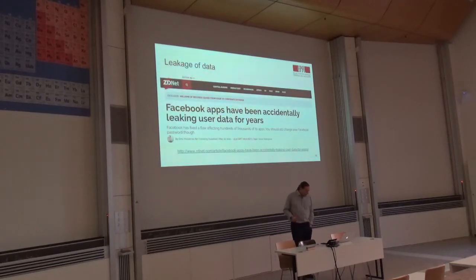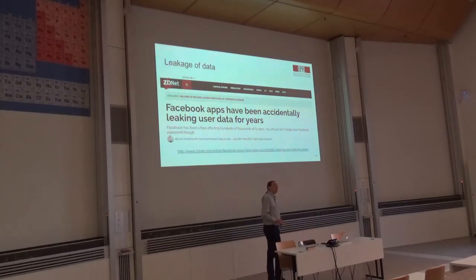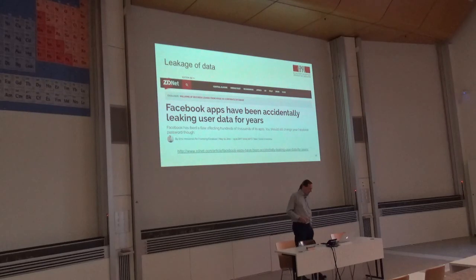And, you know, Facebook has gotten in trouble. Many tech companies have gotten in trouble for this kind of thing repeatedly. Of course, Facebook is now in the news yet again in the Cambridge Analytica incident. But back a few years ago, they were in the news for having accidentally leaked user data.